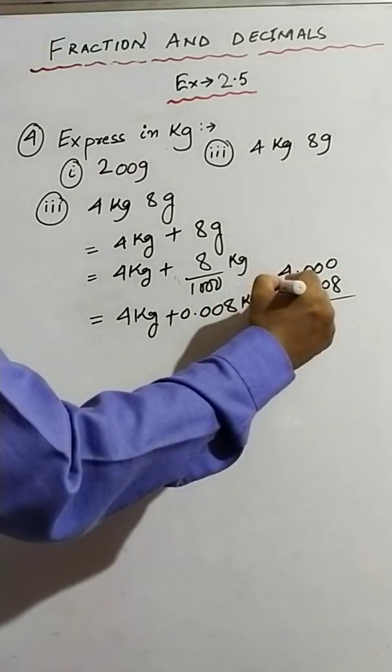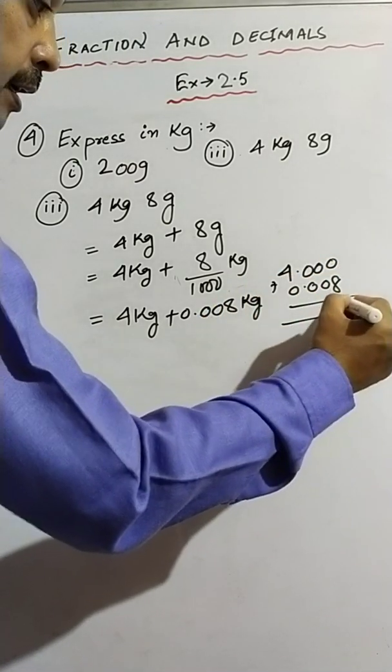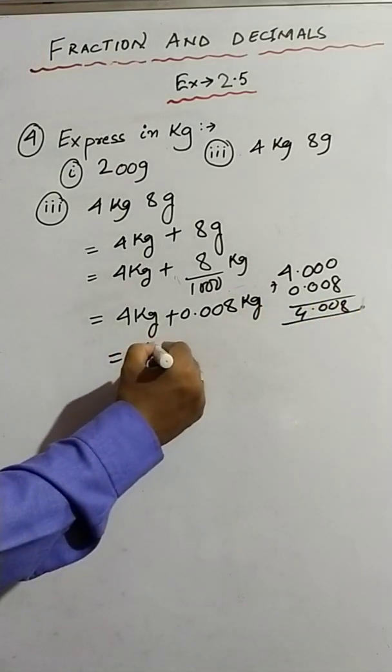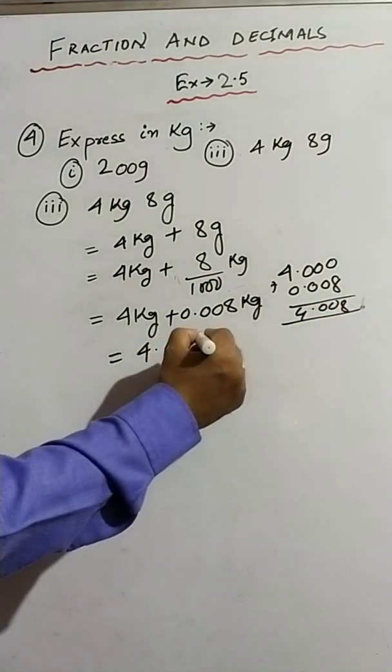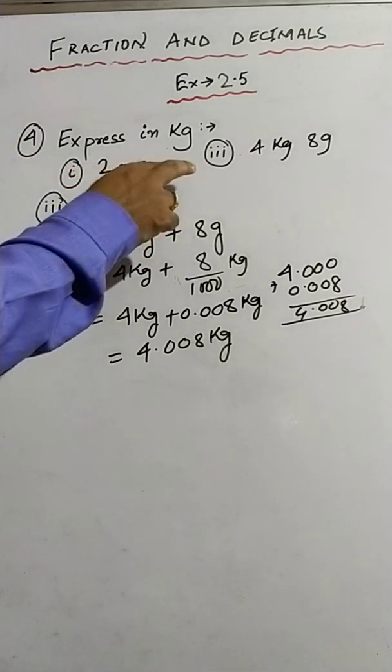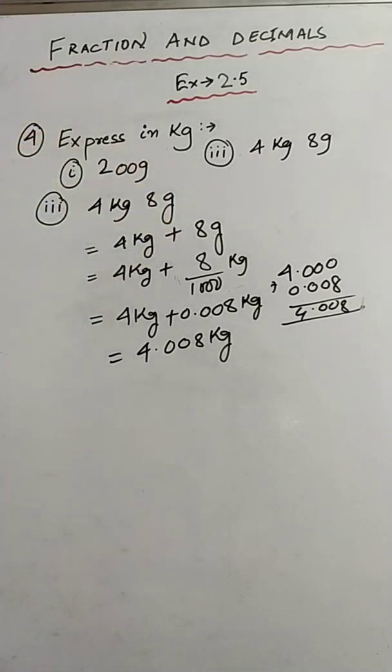Okay, so this is how we'll add it. So your final answer would be 4.008 kg. Okay, students, so this is the solution of sum number 3, and remember what I said, sum number 2 of question number 4 would be your homework.